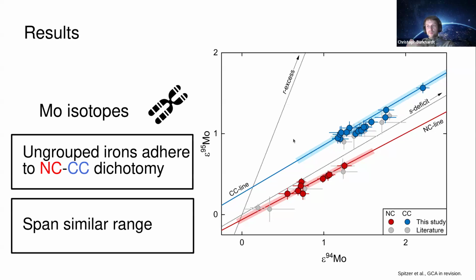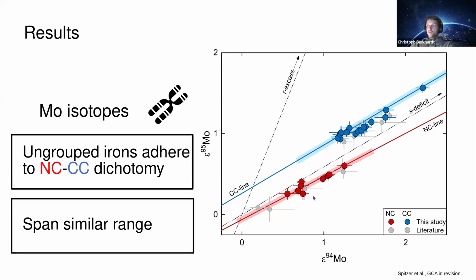So the observation is all the ungrouped irons adhere to the dichotomy, and they also span a similar range in anomalies as the grouped meteorites. So there's no specific exciting observation that we find another reservoir or so.